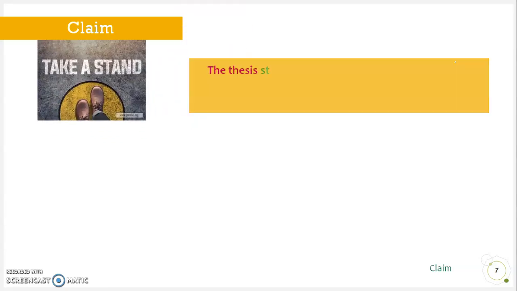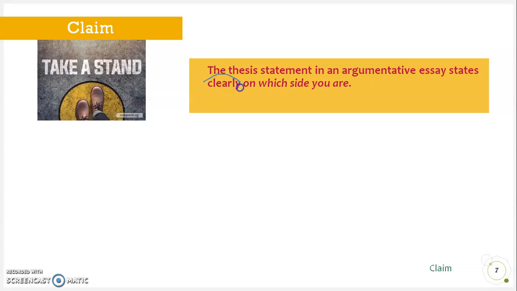Let's start with the claim. The claim is mentioned in the thesis statement, and the thesis statement in an argumentative essay should state clearly on which side you are of that topic. As I said, an argumentative essay is written about a certain issue or problem that has different opinions.